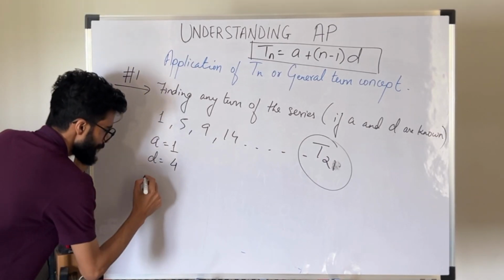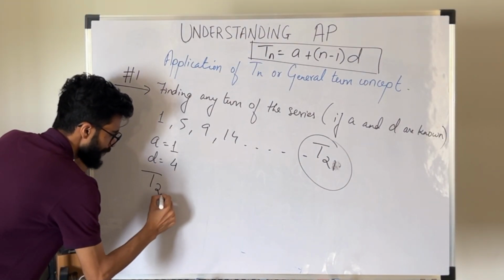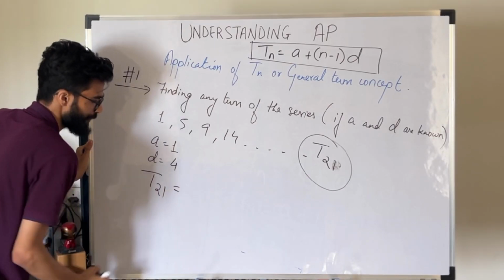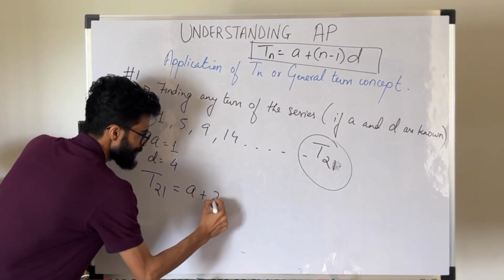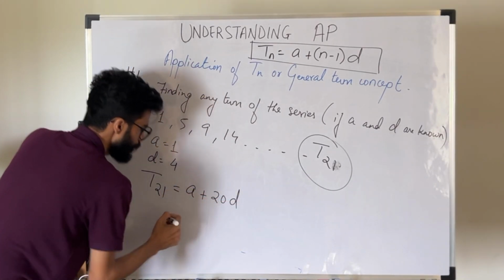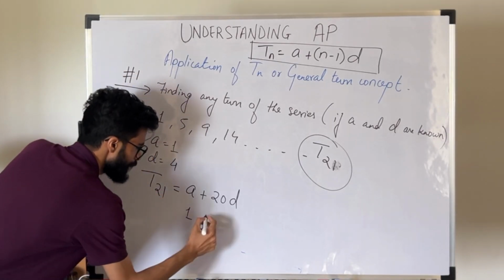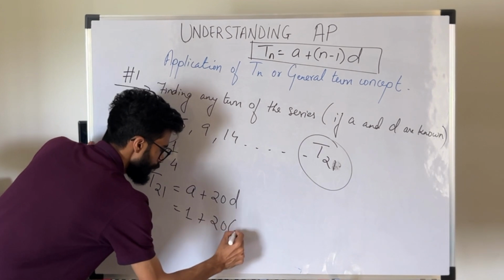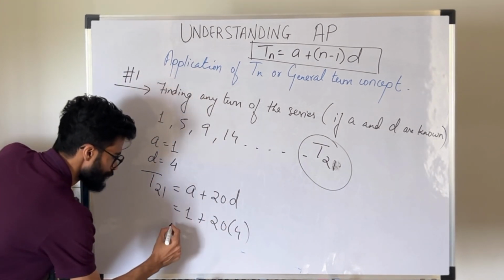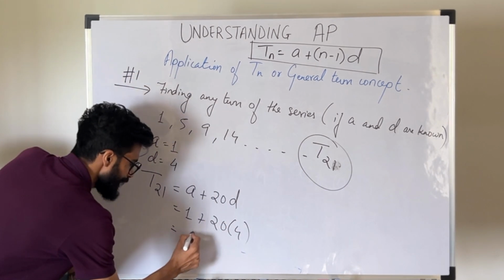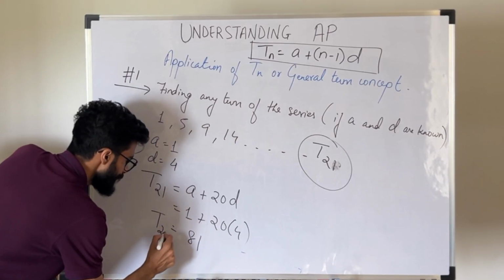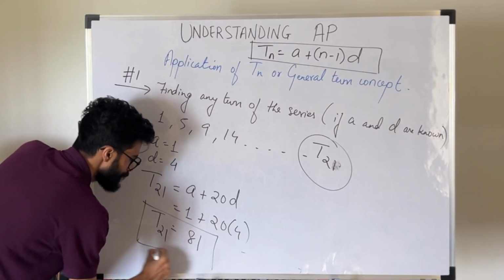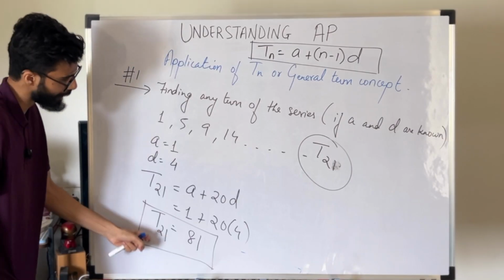If I apply Tn का formula, I am getting T21 as A plus 20D. Put A का value as 1. Put D का value as 4. So I am getting 1 plus 20 times 4 which is 81. So my T21 term is 81.